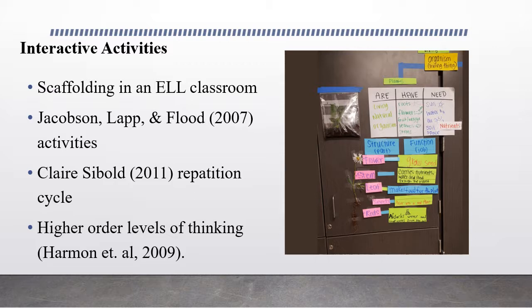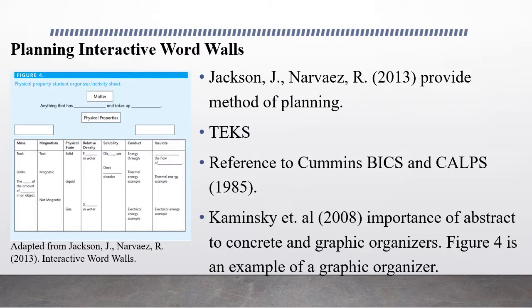Harmon et al. reference higher order levels of thinking, where you can ask a student, okay, if you notice a certain structure, what function could be completed through this structure in science? Jackson and Narvaez in 2013 provide the method of planning, and so they list the five essential steps that have been discussed.